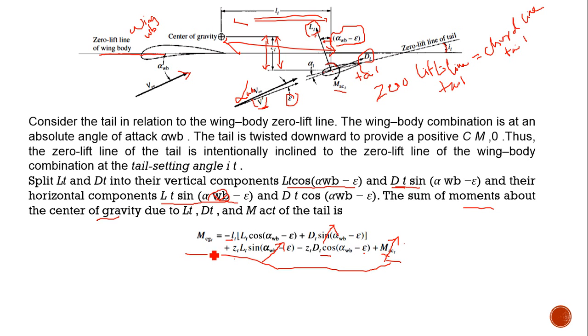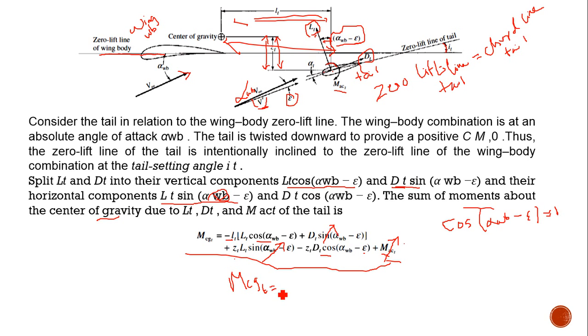So the remaining terms will be, we know cos(alpha WB minus epsilon) is reduced to 1.